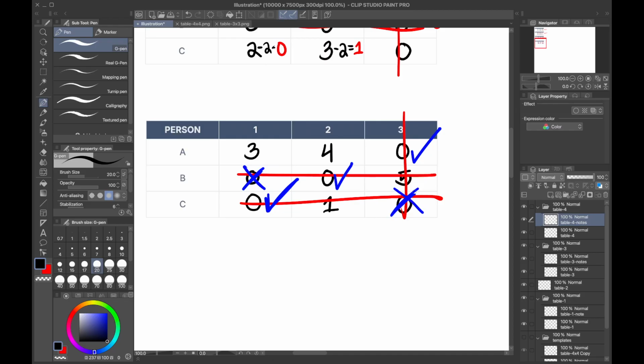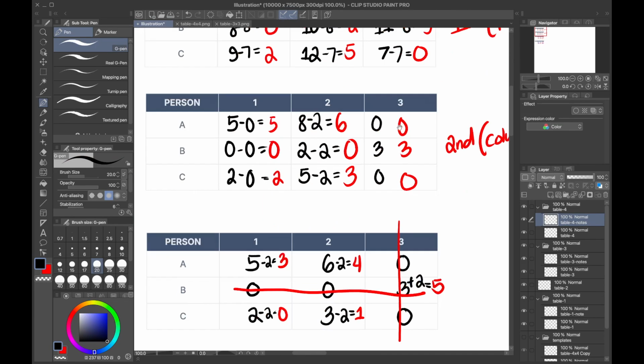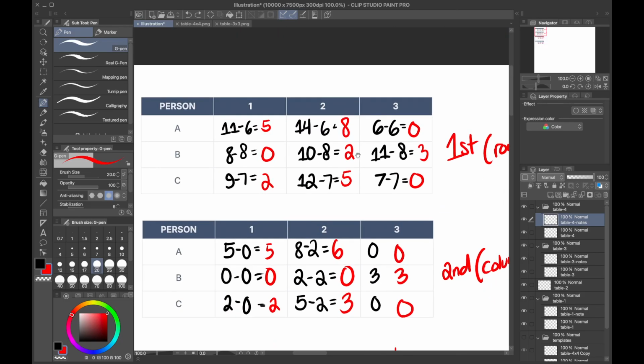optimal cost. So let's just remember where our check marks are. Here, here, and here. So we go back to our first table. Originally our values were 9, 10, and 6.